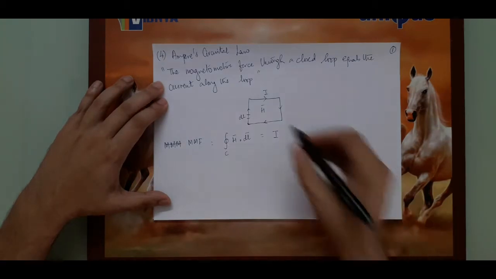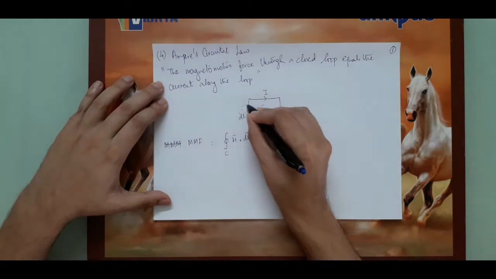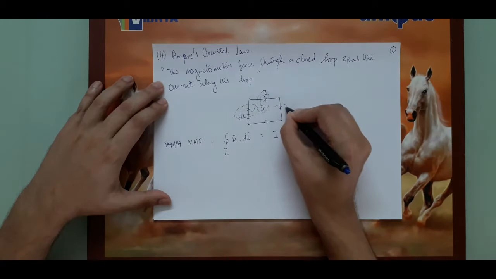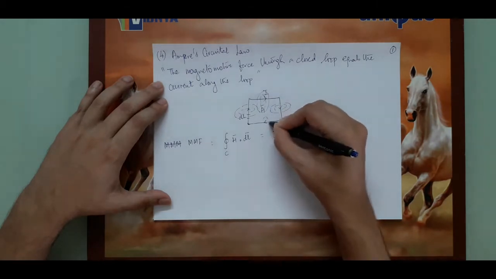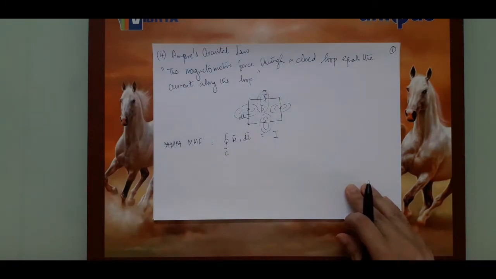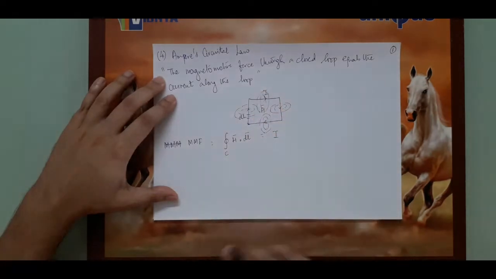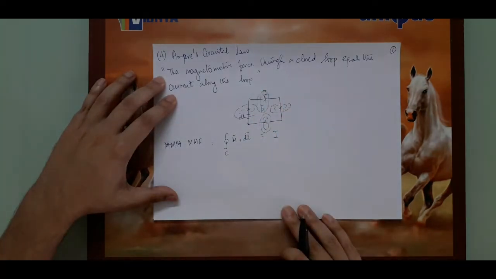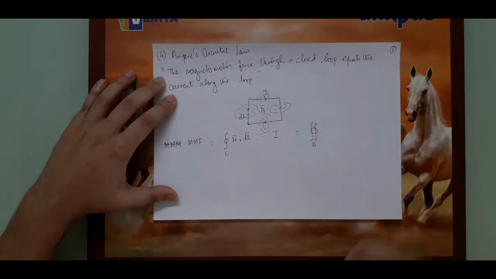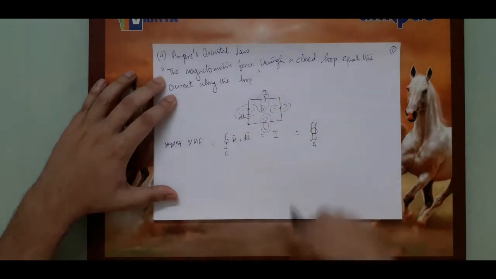So this happens because of the individual field lines due to the different sides of the closed loop. Now if the current flowing is I, I can represent this using current density as nothing but the area integral over the cross-sectional surface through which the I is flowing.